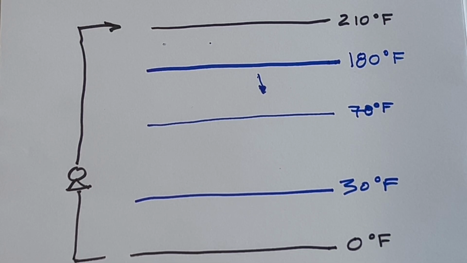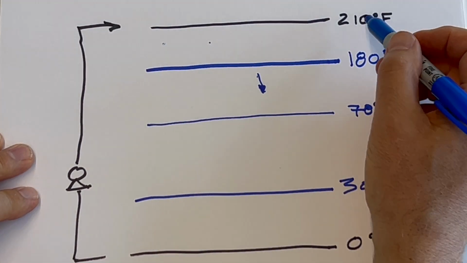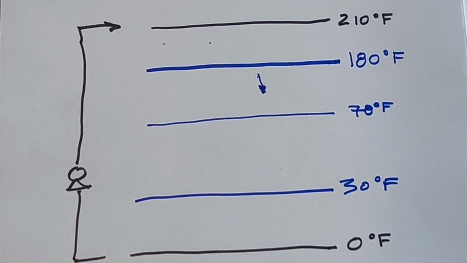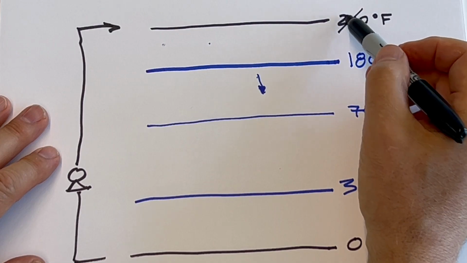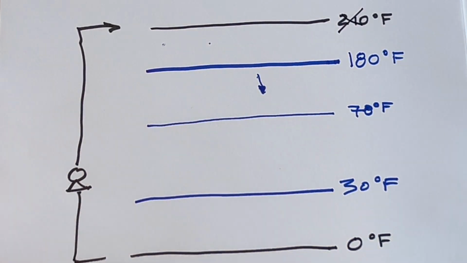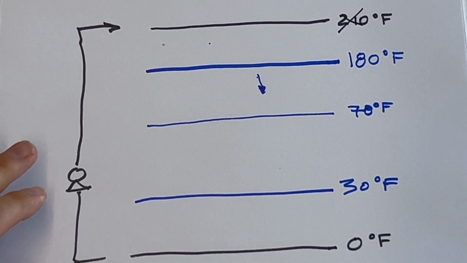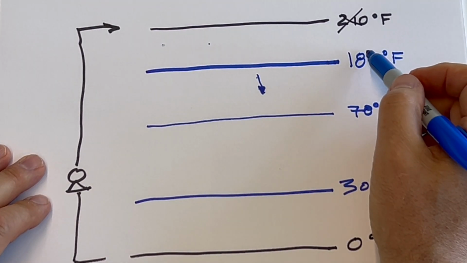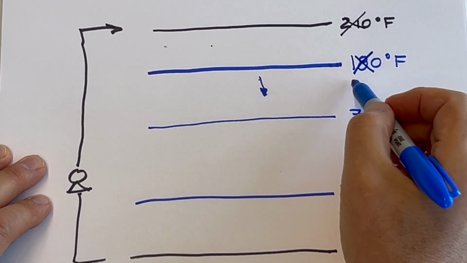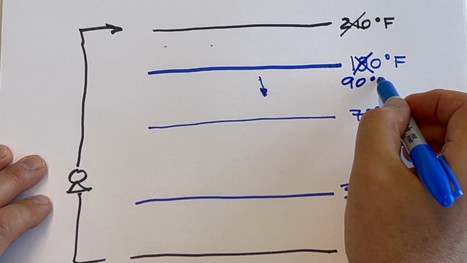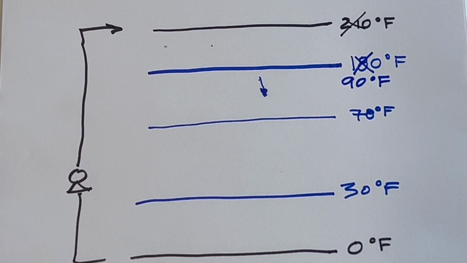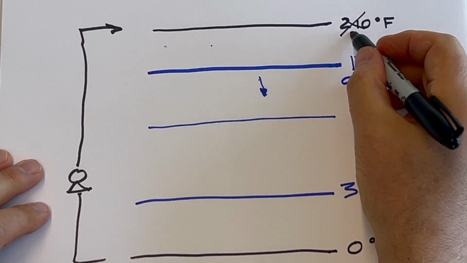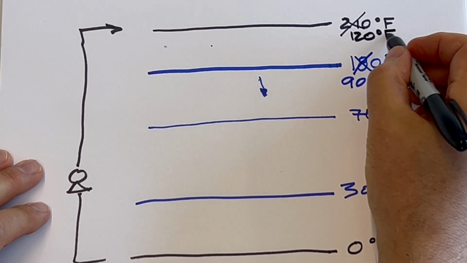And so here, instead of 210 degrees, if we can use a radiant floor or a radiant panel system that is operating instead of at 180 degrees, let's say a radiant floor operating at 90 degrees. Now what's our rule of thumb? We'll add 30 degrees to 90 and the refrigerant will be at 120 degrees.